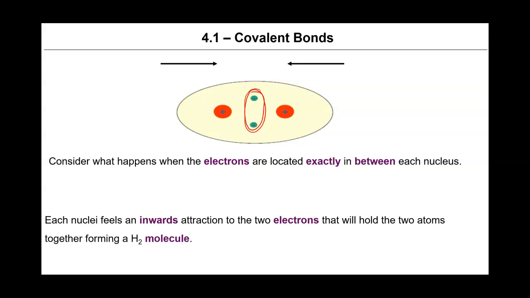By doing this, each nucleus feels an inwards attraction towards these 2 shared electrons, and that holds the atoms together to form an H2 molecule. And if you recall, hydrogen is always found as H2 molecules rather than individual atoms.